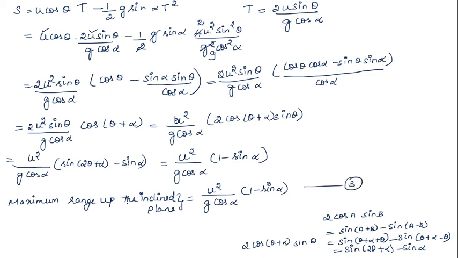Now we are going to find the maximum range down the inclined plane. Only one thing will change, that is the gravitational force will be positive.